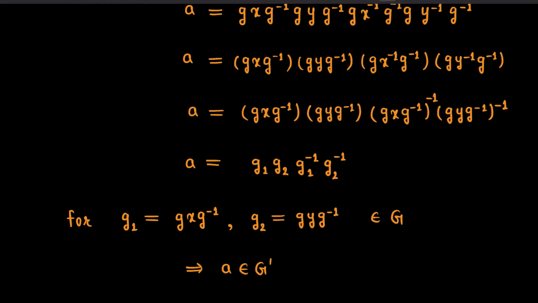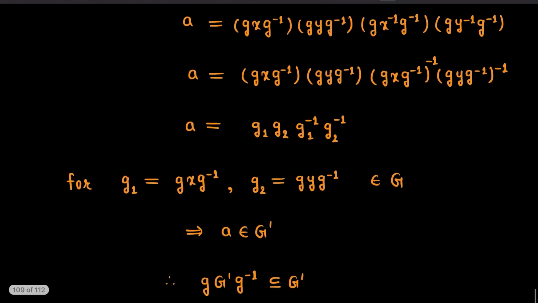So we get a is equal to g₁g₂g₁⁻¹g₂⁻¹ for g₁ equal to gxg⁻¹ and g₂ equal to gyg⁻¹, where these g₁ and g₂ are elements in group G.